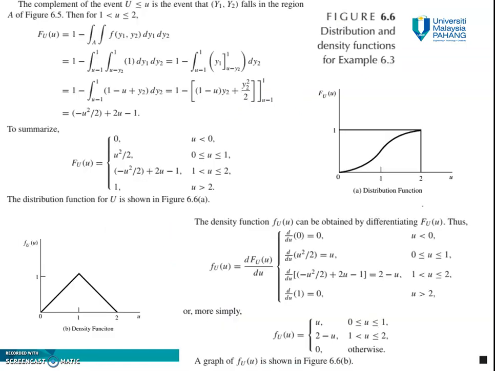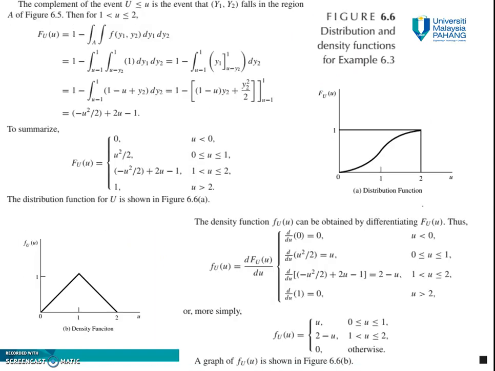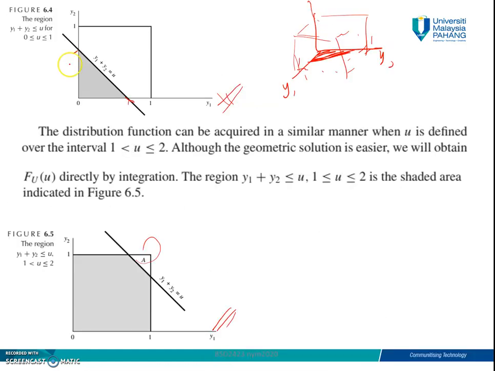All right, so now the complement of the event U is the event that y1, y2 falls in the region. So in this case, you can see as A of figure 6.5. Then for U between 1 and 2, it will be 1 minus, because previously we found the area below here, but now it's up here.